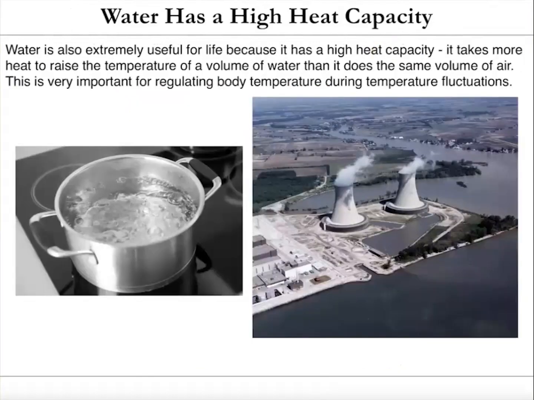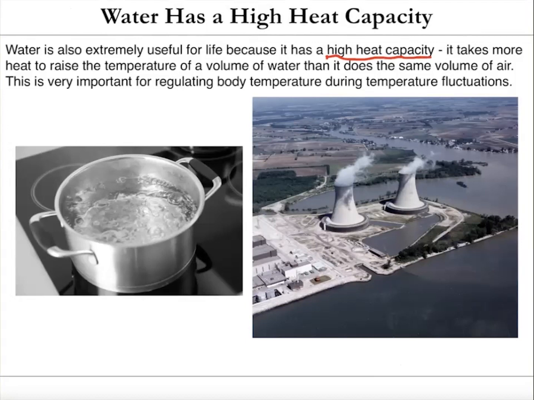And water also, I think the last thing that I'll mention is that it's extremely useful because it has a really high heat capacity. So those hydrogen bonds between the different water molecules are pretty hard to break. And that's why it takes a lot of heat to raise the temperature of a volume of water compared to the same volume of air.